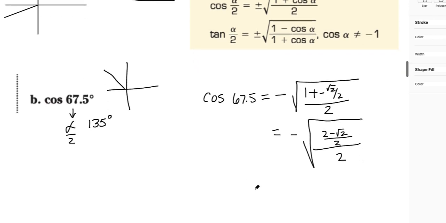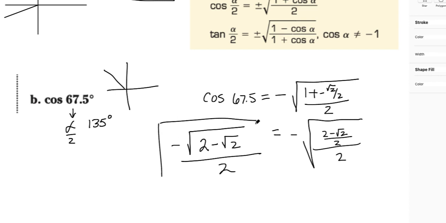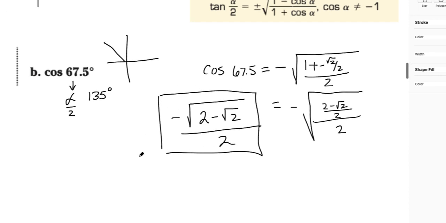And then we're going to recognize that 2 can be lifted up in here in some way, because when you divide by a 2, you're multiplying by 1/2. And when I do that, we end up with, and I'm just going to write the final answer here, the square root of 2 minus the square root of 2 over 2. So when this became a 4, I took the square root of it and it became a 2, and it was no longer underneath the radical. All right, let's box that and say we got that going on.